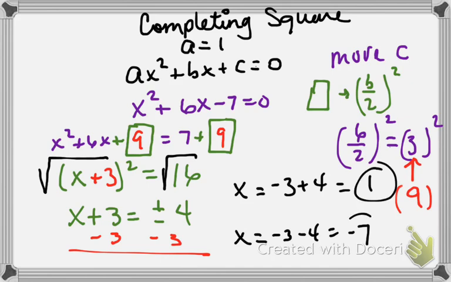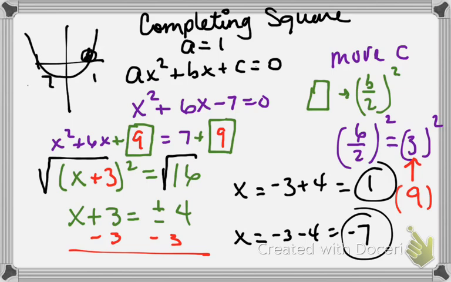These two are our roots, our solutions to the problem. This is where our x-intercepts are. If we had negative 7 and 1, this is where our parabola would touch the x-axis. That's how you do completing the square when a equals 1.